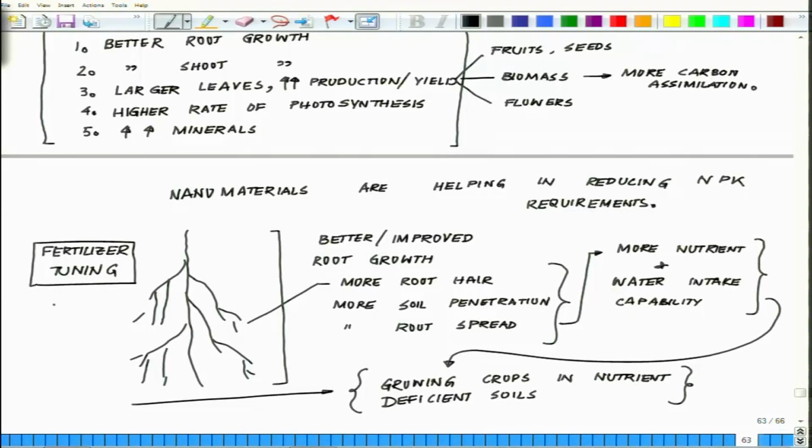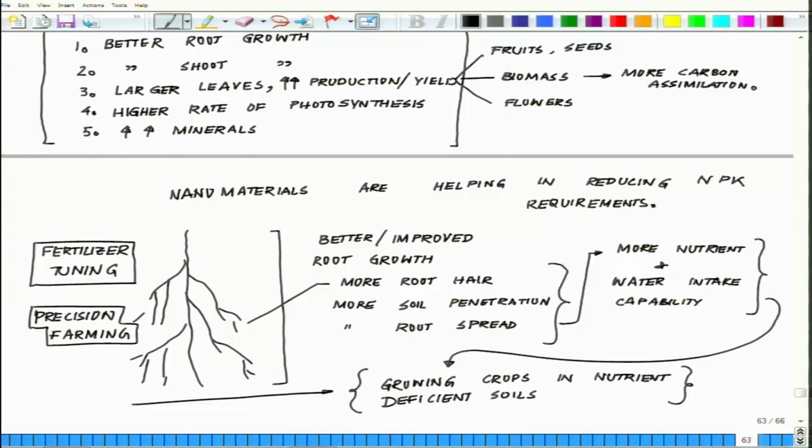Similarly, you can use fertilizer in precision farming, where you have to be very particular. So there are different areas where nanomaterial will come very handy.